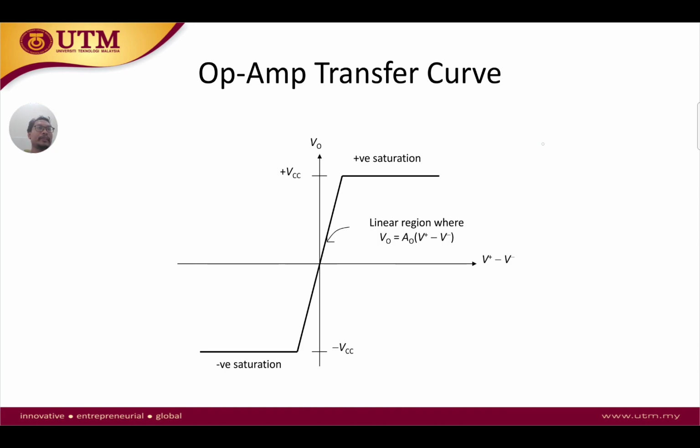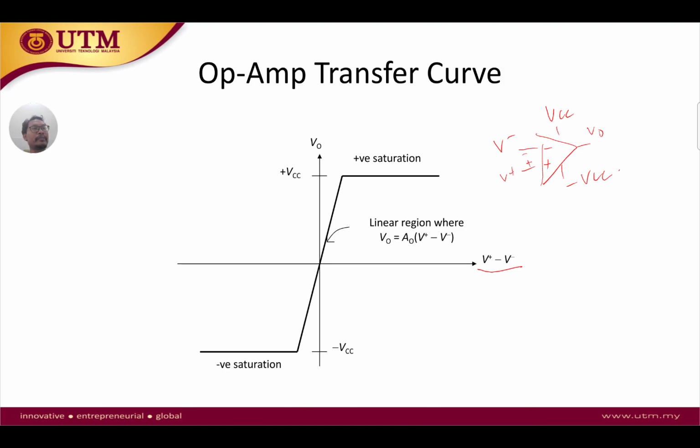Let's see the transfer curve. Here we are looking at V plus, V minus, and V out. What happens if you put in the differential input, V plus minus V minus, and what is going to happen to our output? We can see that we also have the power supply, VCC and minus VCC.